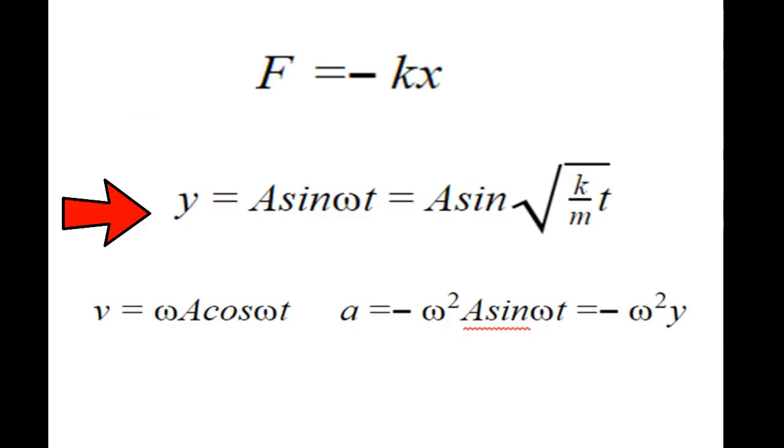This is equal to y equals A sine of omega times t, equals A sine of the square root of k over m times t, in which the velocity and acceleration are given by omega A cosine of omega times t, and a is equal to minus omega squared times A times sine of omega times t, which is equal finally to minus omega squared times y.